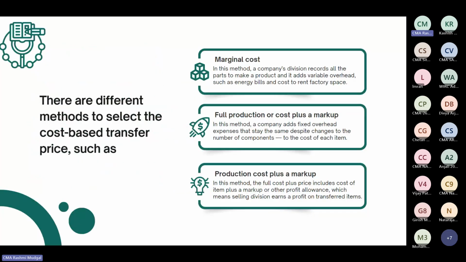Next, there are different methods to select the cost-based price. There are three methods I'm looking into. First is marginal cost. Second is full production cost, or cost plus markup.